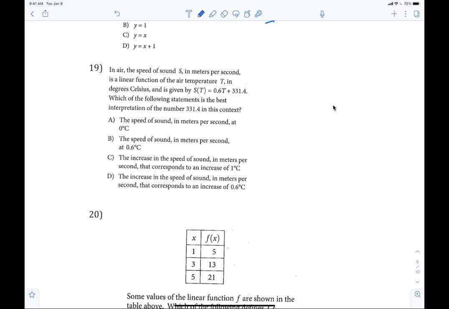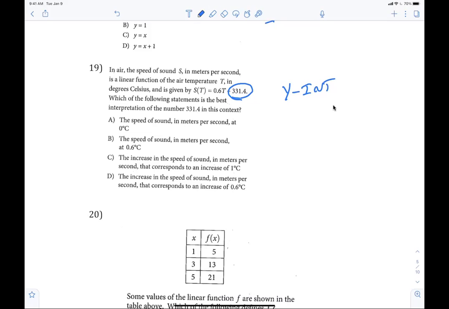I got D. D, because we're talking about what? The y-intercept, guys. Do you agree we're talking about the y-intercept? So if that's the y-intercept, it's not talking about the slope, is it? I don't think it's talking about the slope. Does everybody agree? So it's really not talking about something increasing.